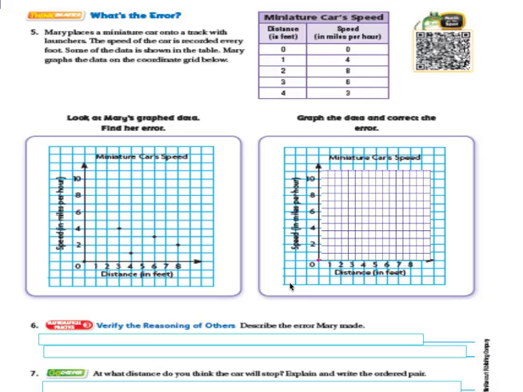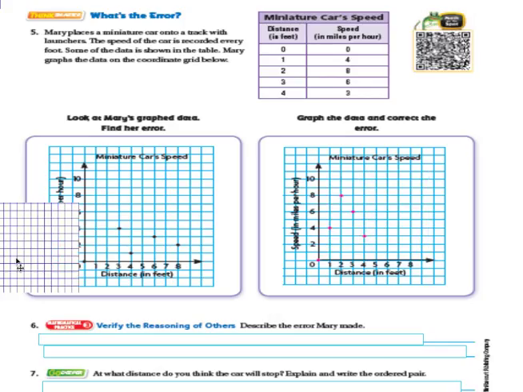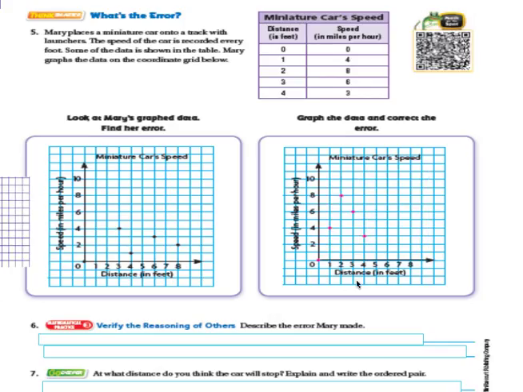So on the second one, I want you to regraph and see if you can find her error. Does your graph look like mine? Because her coordinate points almost confused me when I was looking at it. I wonder if it confused you.